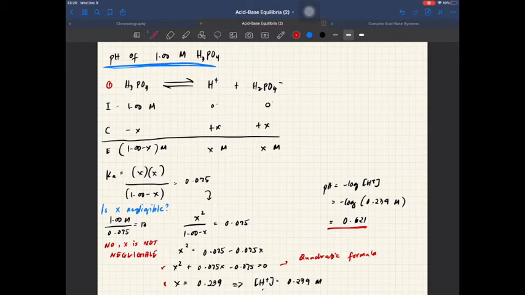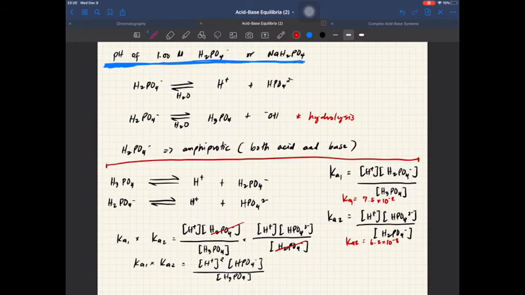So we have 0.239 molar. Finally, we can calculate the pH using the formula pH equals negative log of hydrogen ion concentration, and the pH value would then be 0.621.